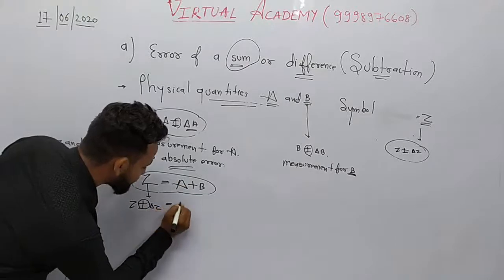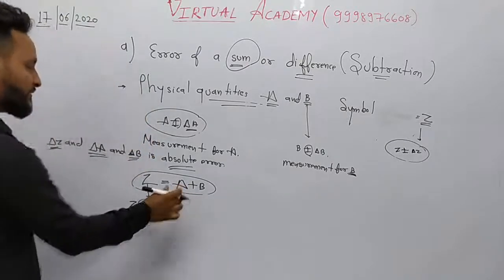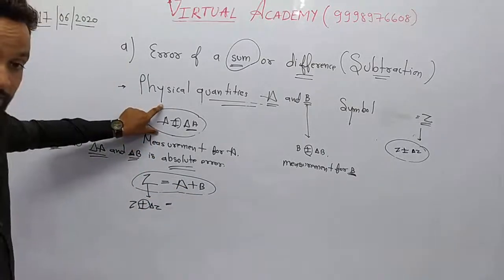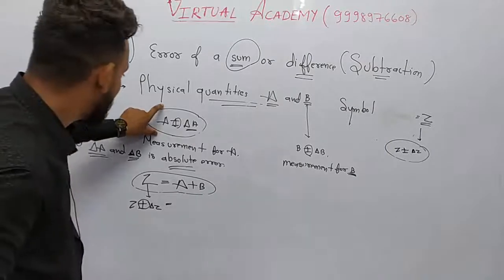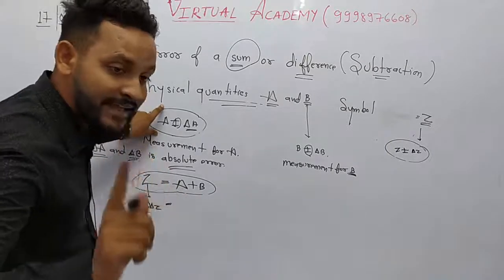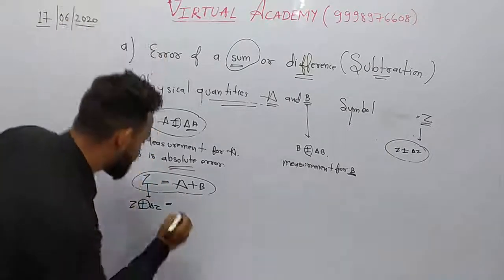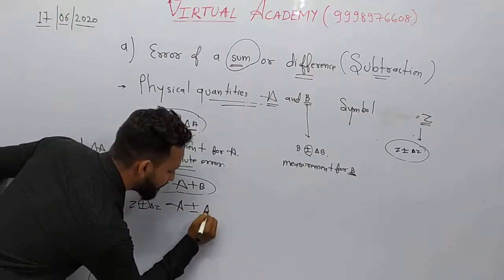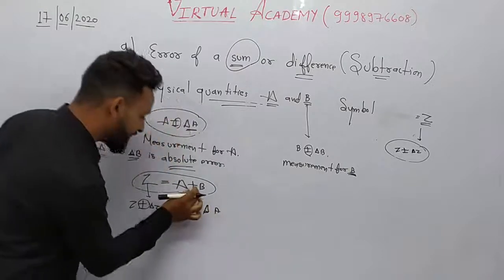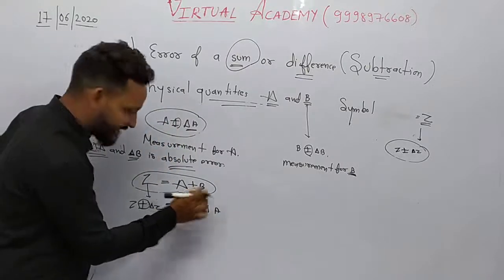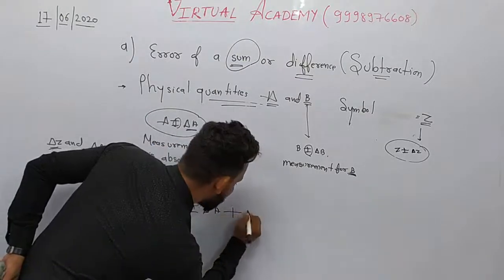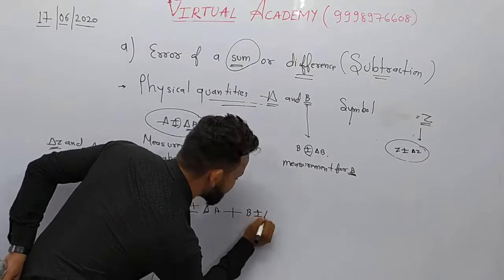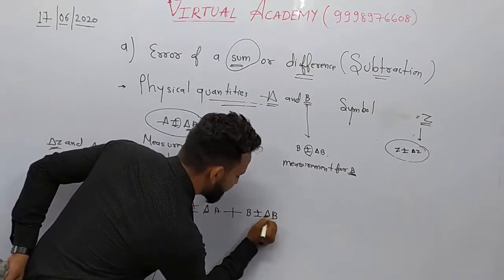Now after that, for A, if we are adding error, then for that quantity A our measurement becomes A plus minus delta A. Now we are dealing with addition. For B, it's B plus minus delta B. Clear?